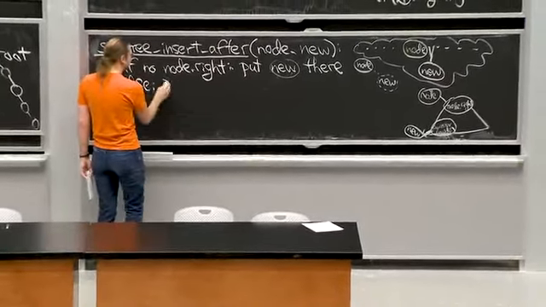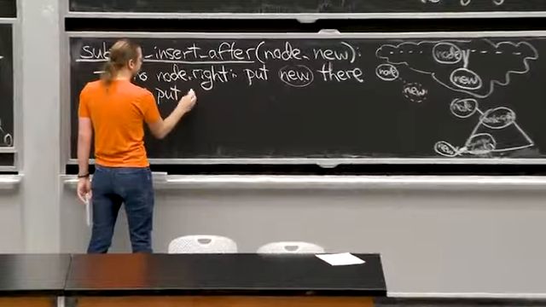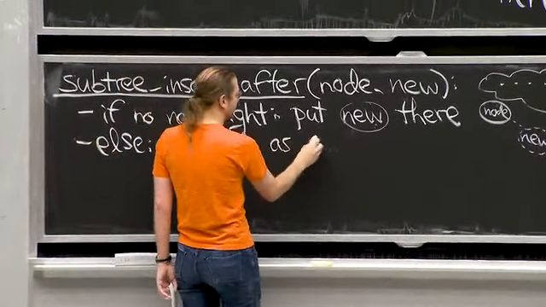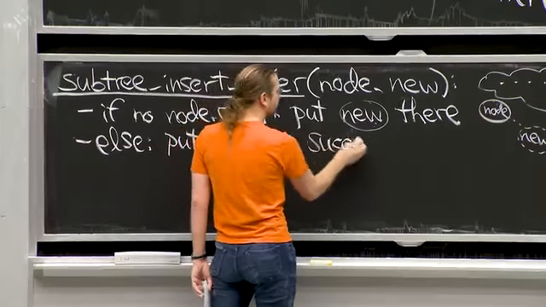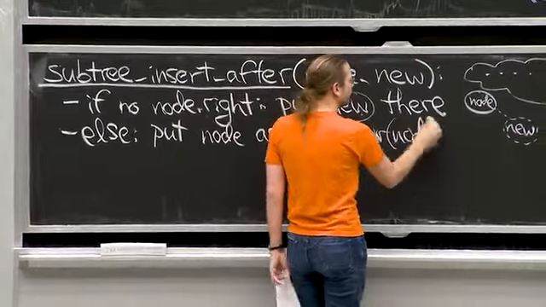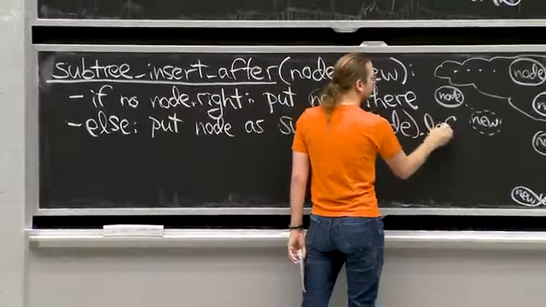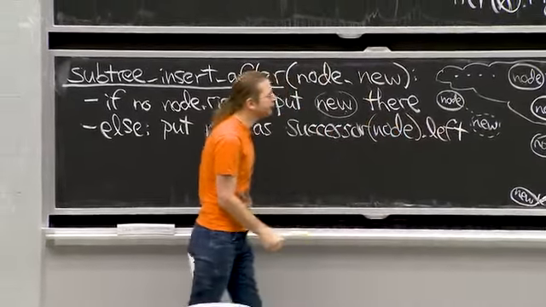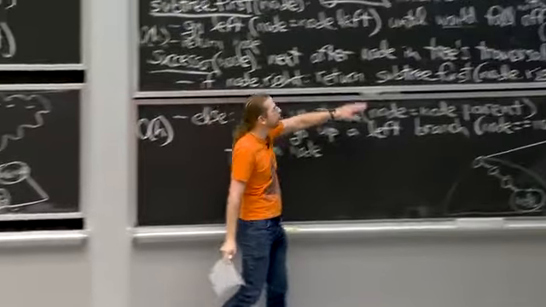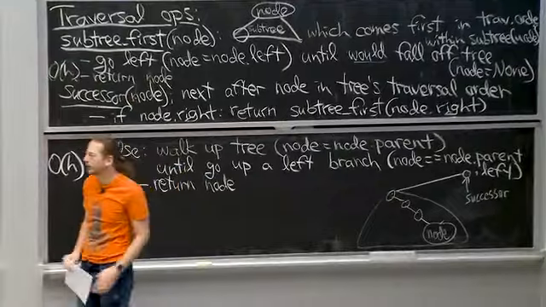Okay, so put new as the left child of the successor. So take the successor, and if you look at the code for successor, we're in this case, so we know it will just call subtree first of node.right.